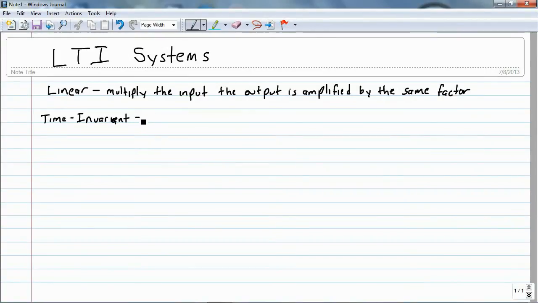Time invariant means that if you delay the input, it will delay the output exactly the same.